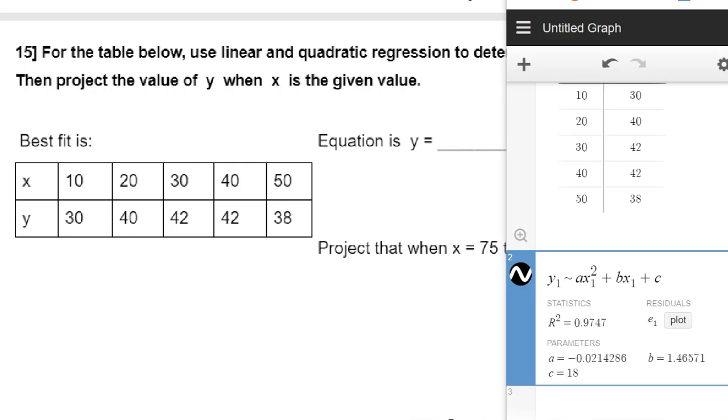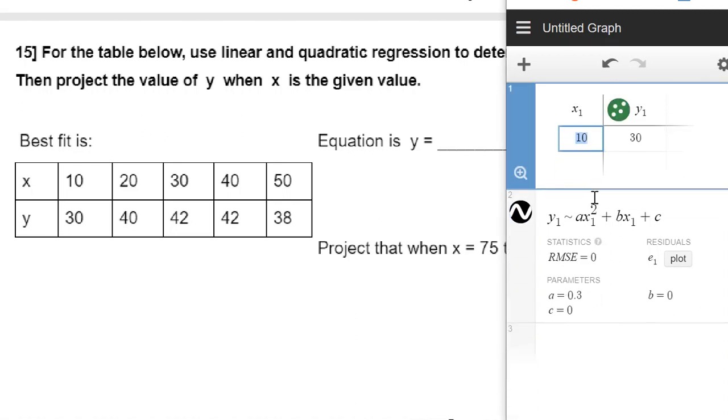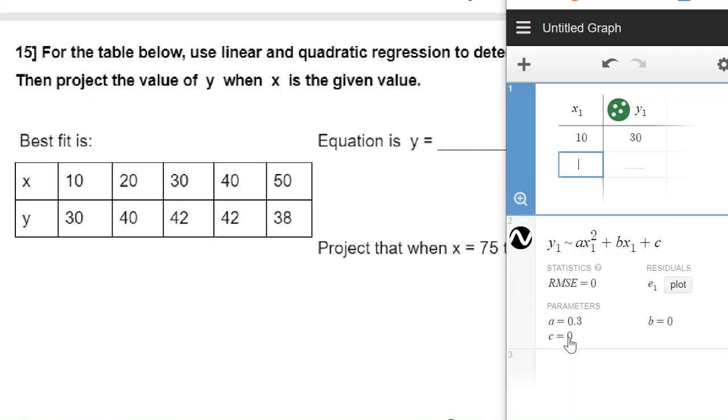Okay, I've moved Desmos to where we can work with it some. I actually have it left over from another problem, and I have the quadratic still there. This time we're supposed to look at both the linear and the quadratic and make a decision. So let's type in what we got.